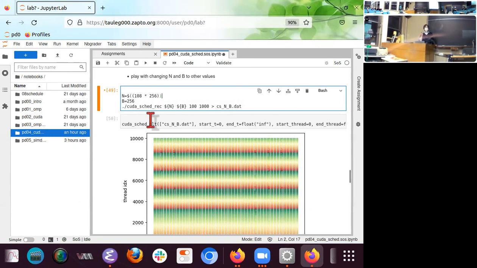So it is creating 108 thread blocks, each having 256 threads. So this setting hopefully taps almost the peak performance of this GPU device.